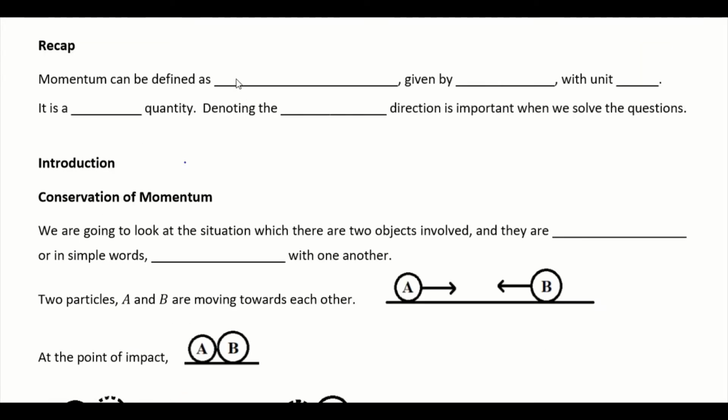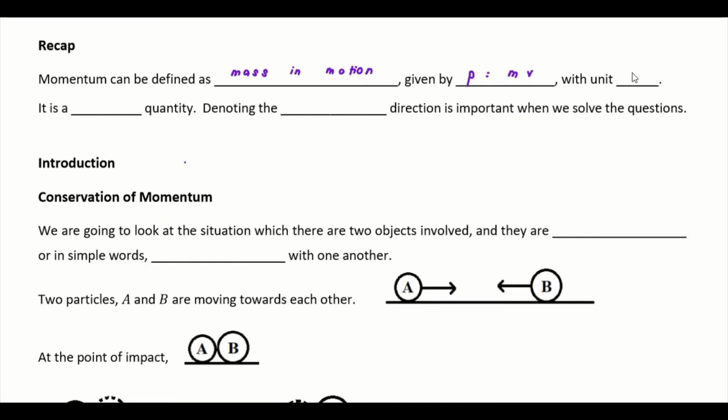In the previous lesson, we learned that momentum can be defined as mass in motion, so every moving object has a certain momentum. This momentum is given by the symbol P, and the formula is the mass multiplied by the velocity, which means the momentum is directly proportional to the mass and the velocity of the object.